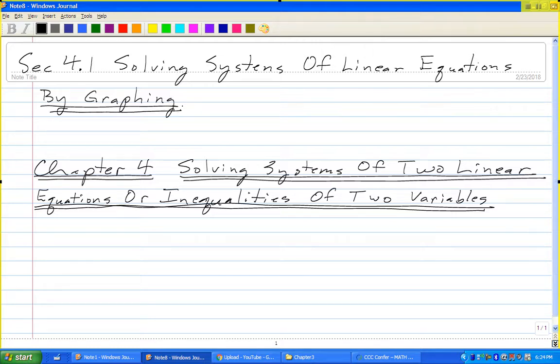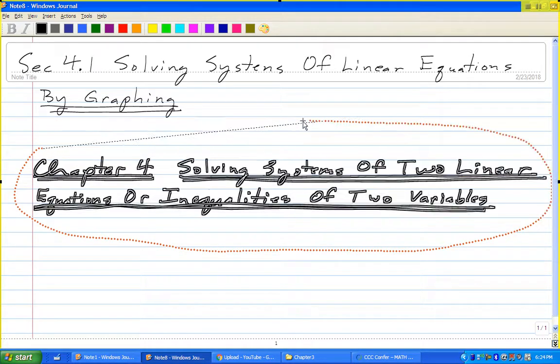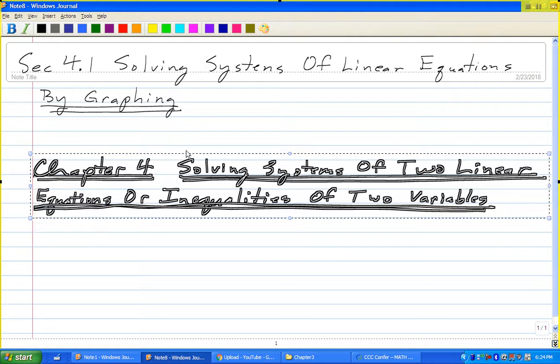Okay. So first off, let me tell you what a system of two linear equations looks like.